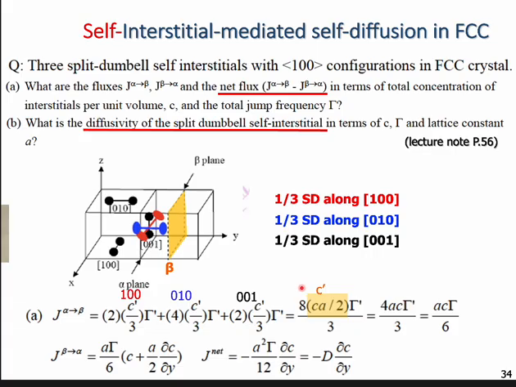So here we need to convert the area density C prime into volume density. So you need to pick a cube containing this plane, the alpha plane, without additional extra atoms here.